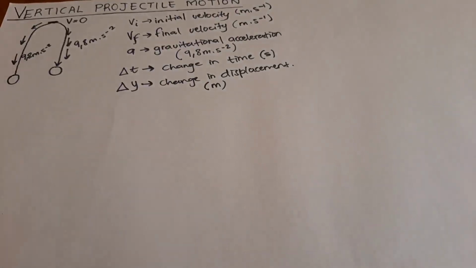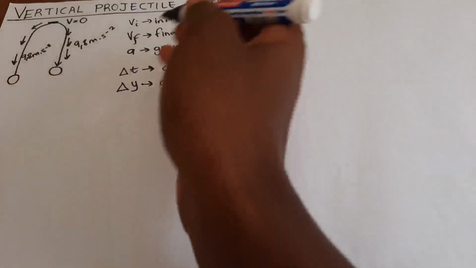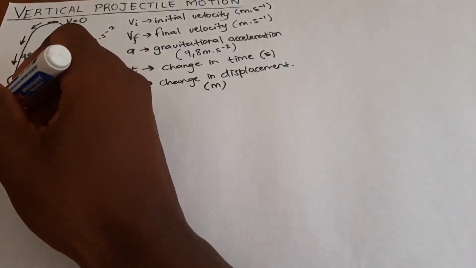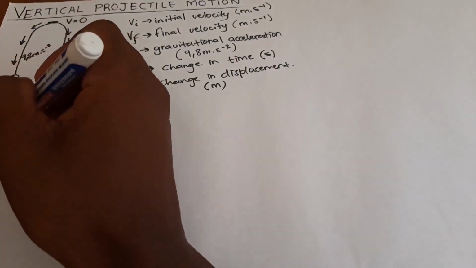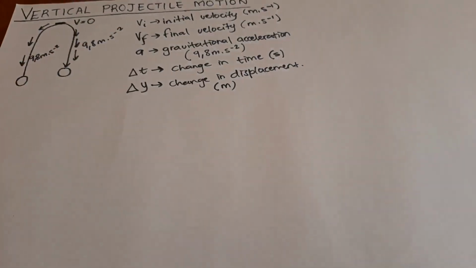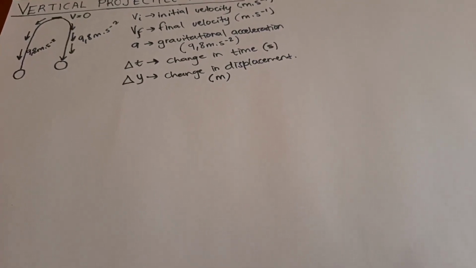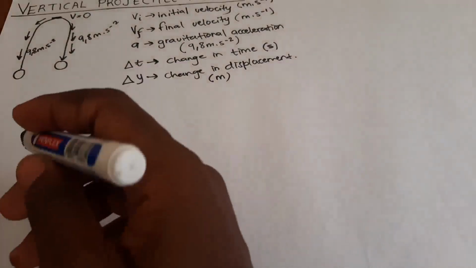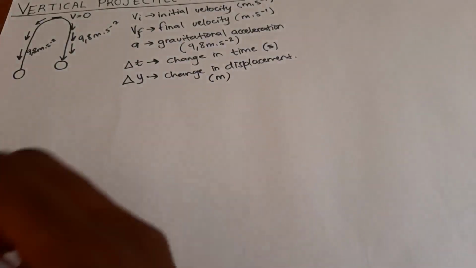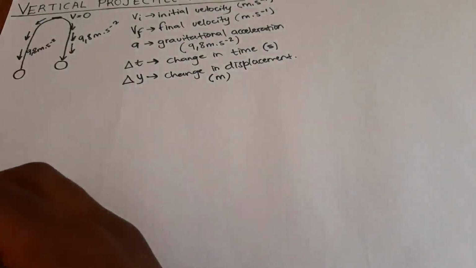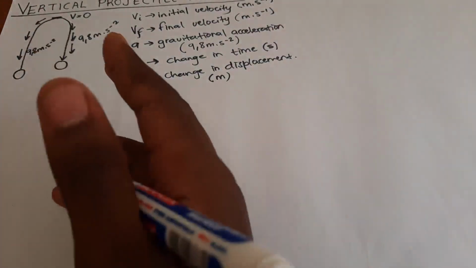So we have formulas, or equations, to work with vertical projectile motion. Let me introduce you to the very first one. Please guys, don't forget these formulas that I'm going to give you, but anyway, they are going to be given in your question papers, so it's not really that much to memorise them.